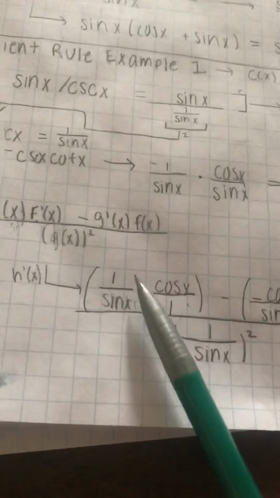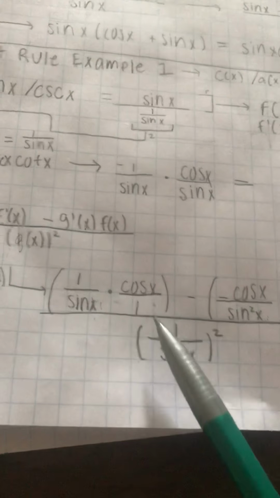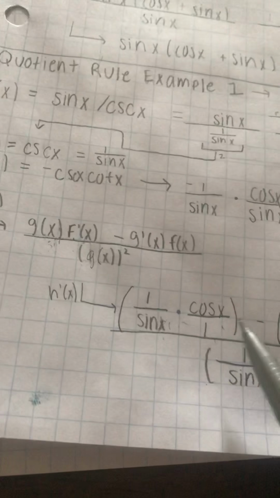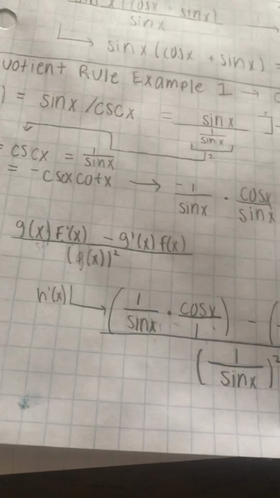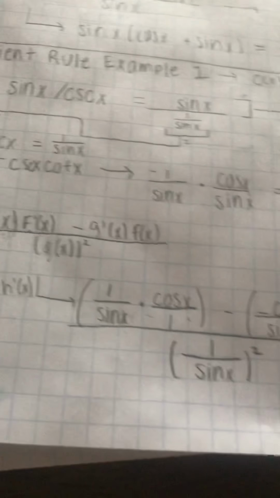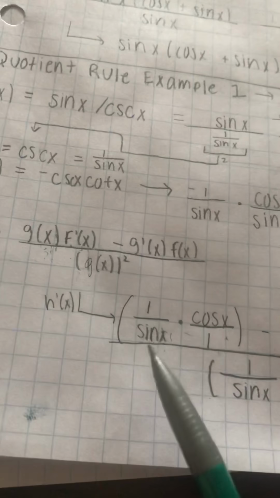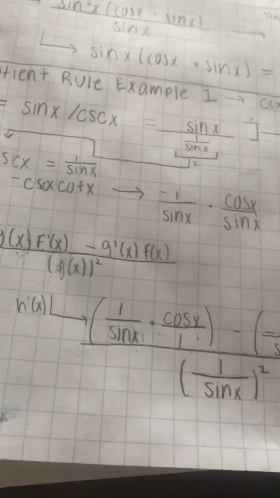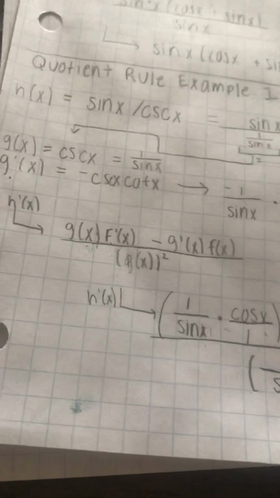So I have 1 over sine x times cosine x over 1. I'm going to end up multiplying across. I put cosine over 1 just to simplify it here in this step, because you're going to have cosine times 1 and sine times 1, which turns it into cosine x over sine x. So that'll be on the next step.